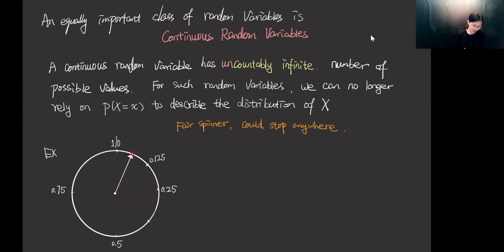So where it stops, let's call where it stops the X random variable. The points on the circle are labeled by numbers.